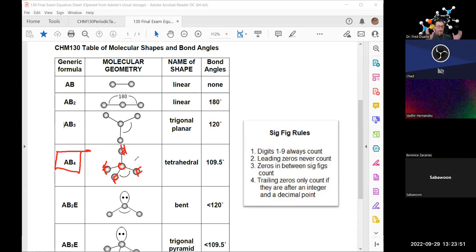They're repelling each other. So those 4 pairs are going to repel each other, and the repulsion is such that they're going to adjust themselves to maximize the distance from each other. And that is the shape that they end up being. And then we call that tetrahedron.